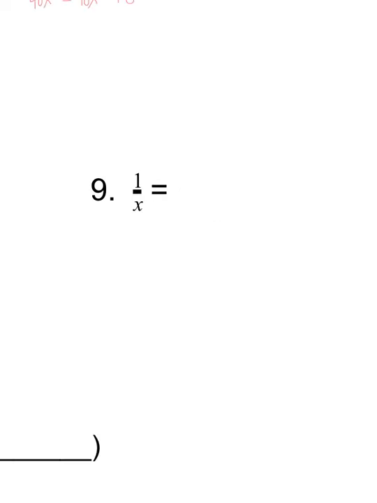Number 9. The power rule doesn't work for fractions, but we can rewrite this. Remember, that's the same as 1 over x to the first, even though we don't write it. And remember the rules of exponents. If we move that upstairs, the sign of the exponent changes. So 1 over x is the same as x to the negative 1. Now we can use the power rule.